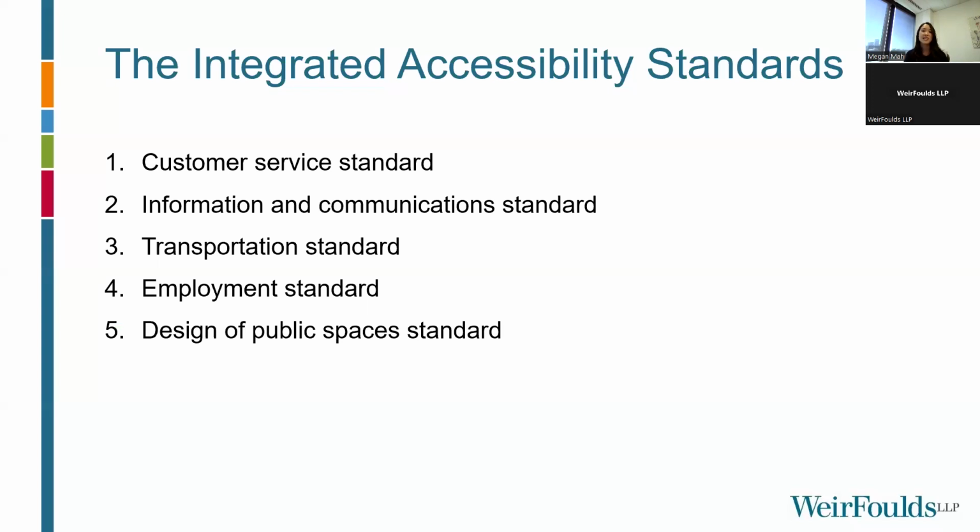These areas are set out on the slide, but they include the customer service standard, the information and communication standard, the transportation standard, the employment standard, and the design of public spaces standard. For the purposes of our presentation and the work that hearing instrument practitioners conduct, today we'll primarily be focusing on the customer service standard, the information and communication standard, and the employment standard.